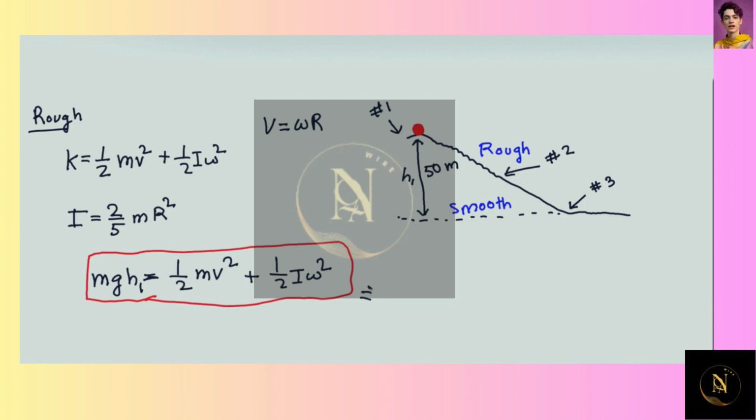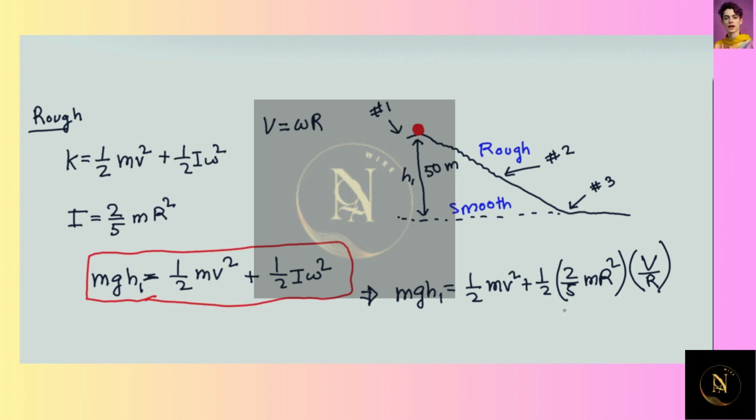So we'll have mgh1 on the left, and on the right half of mv squared plus half of I, which is 2 over 5 mr squared, times omega squared, where omega is v over r.